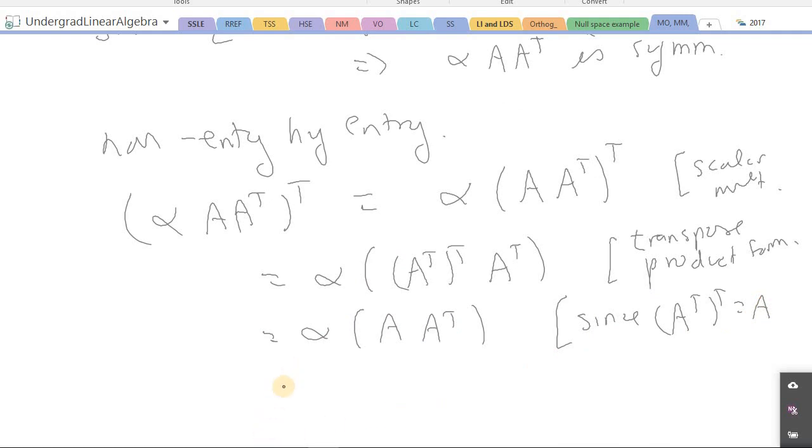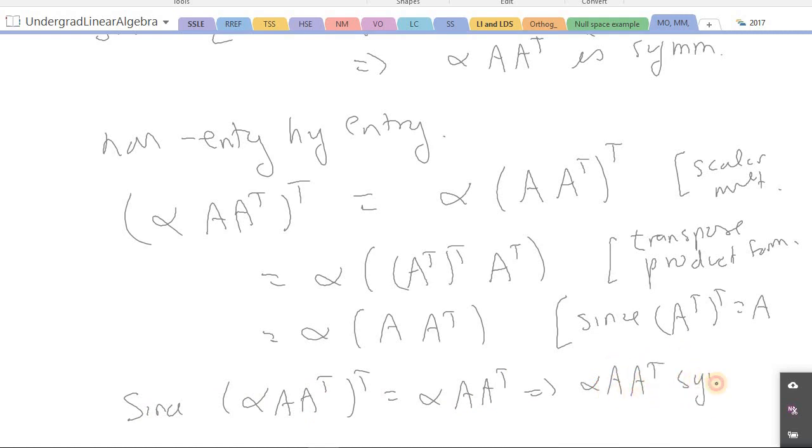Okay, and so since A transpose transpose is equal to A, that means that alpha AA transpose transpose equals alpha AA transpose, which implies alpha AA transpose is symmetric by the definition of symmetric. Okay, so you see the steps.